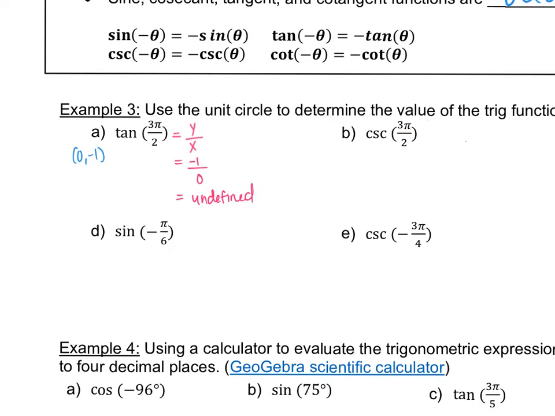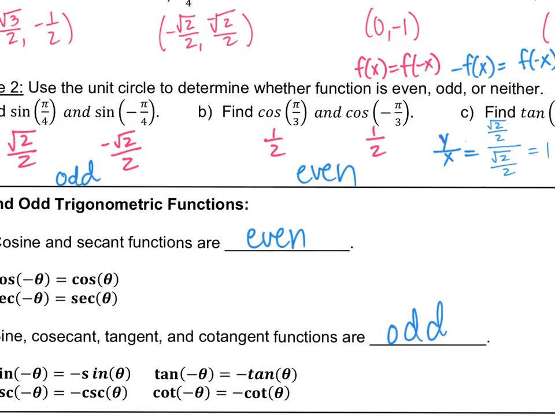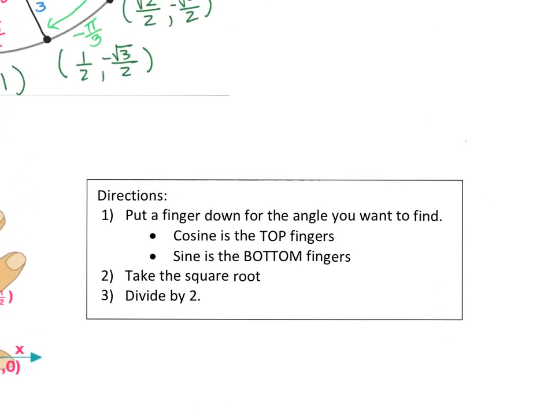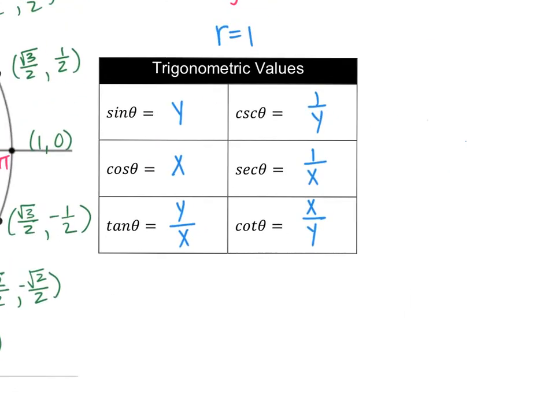But cosecant, like we've mentioned before, is equivalent to the reciprocal of sine. So you can take whatever sine is, in this case sine is always the y value, which is -1, and just flip it. Or if you go back to the identities here, the trig values, you can see that cosecant is 1 over y.